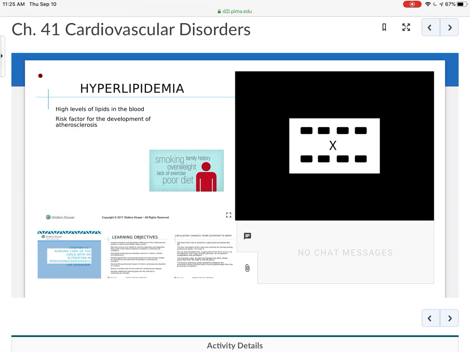I'm sure in the meantime, in the middle, we screen also, but these kids are more at risk for problems later in life, so MIs, any type of peripheral vascular disease, cardiovascular disease, and stroke. And so really assessing kids, education on diet, exercise, things like that to reduce their cholesterol levels.